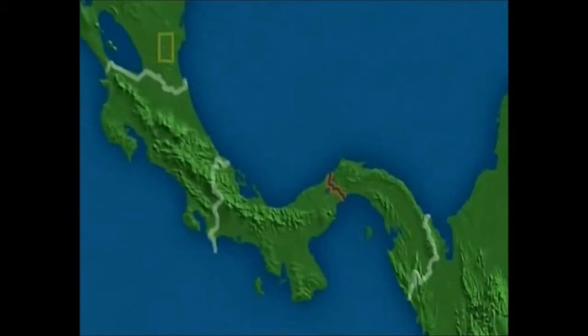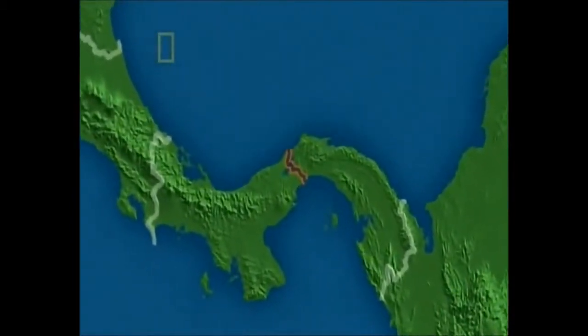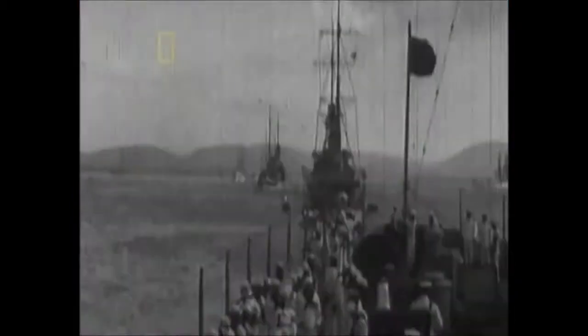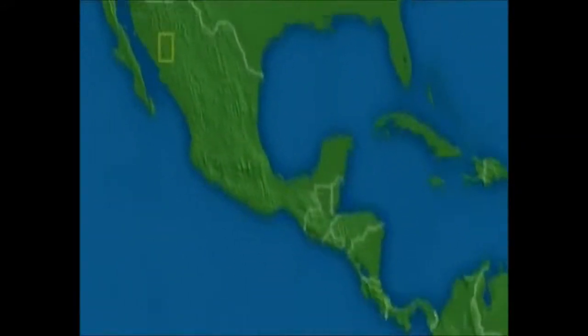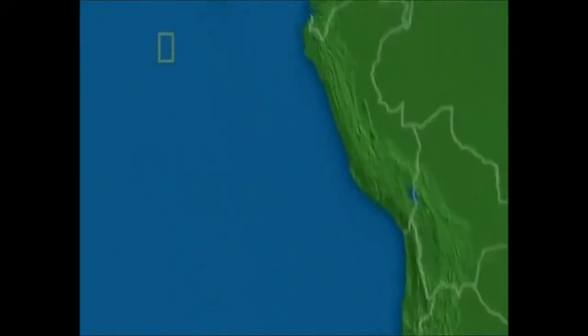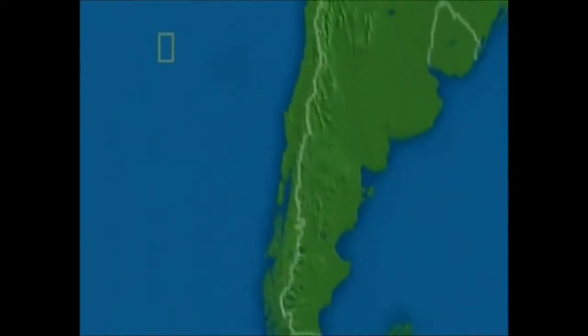By the late 19th century, the idea of a canal connecting across the isthmus somewhere in Central America had been floated for some time. Before its construction, a trip by boat from New York to San Francisco meant sailing 13,600 miles and crossing through the deadly waters of Cape Horn.